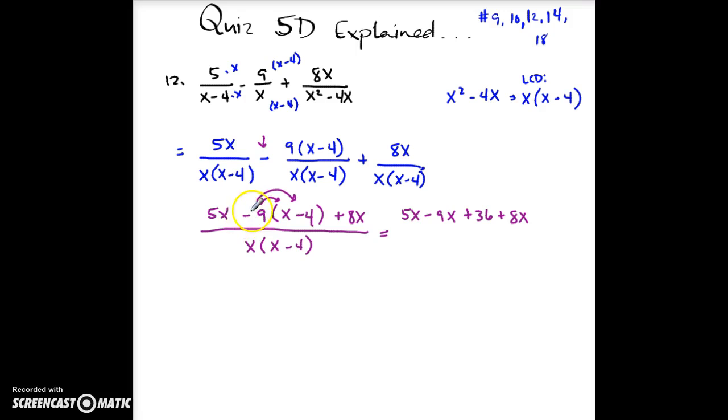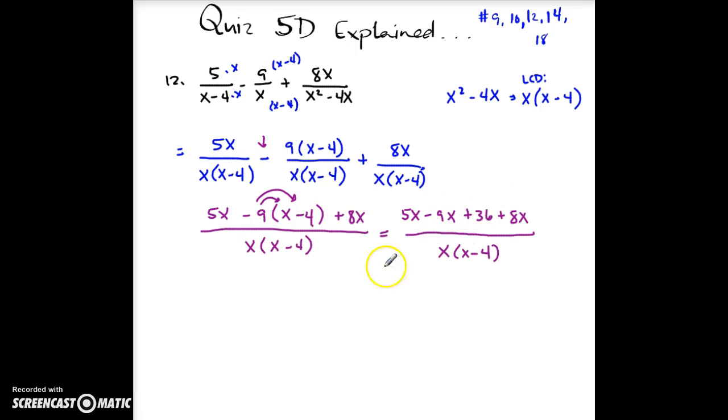If we didn't distribute that negative, if we left that subtraction there, then we would have to make sure that however we work out this numerator, we remember to take that subtraction through it. So we should have a negative 9x and a positive 36 if we do this correctly. And that's going to be over our x times x minus 4.